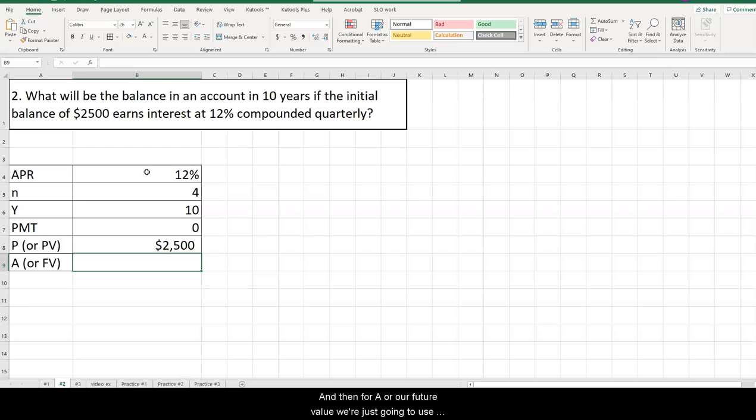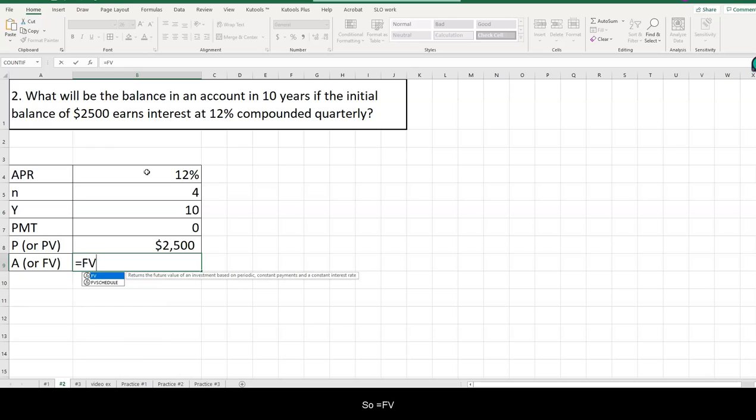And then for our A, or our future value, we're just going to use our formula again. So equals FV. Since on the last one I did the cell references, this time I'm just going to type it in. So we would have 12%. Make sure if you're typing it in, you do put the percent sign, divided by our number of compounding periods, which is 4, comma, and then our number of compounding periods 4 times our number of years 10, comma, our PMT.